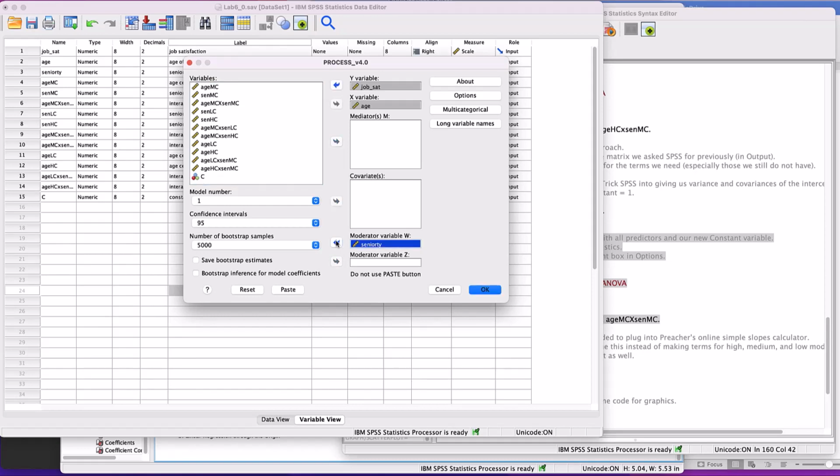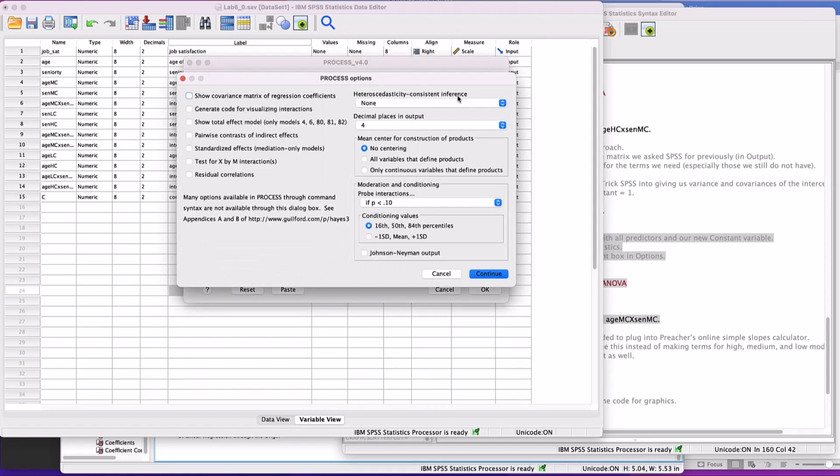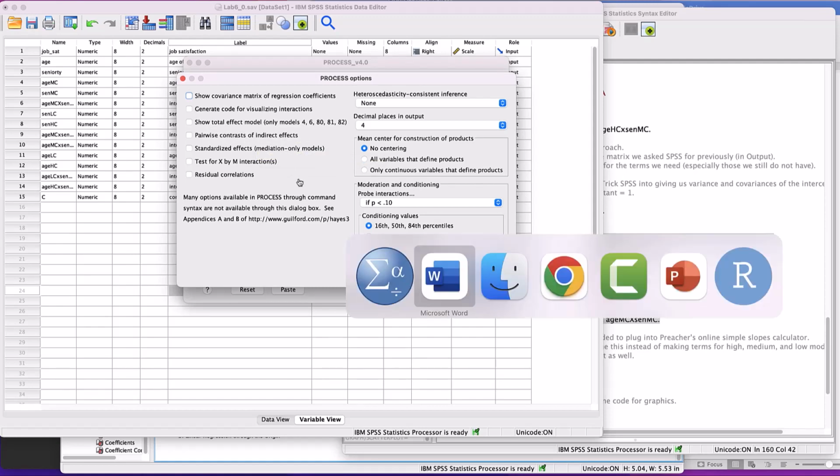Some other things you want to pay attention to, this is model number 1. It always opens on 1, but if you change it, it might open different. So you want model number 1. Pretty sure it's in options. Yeah. So we want, let me check my cheat sheet here, make sure we get all the things we want out of this.